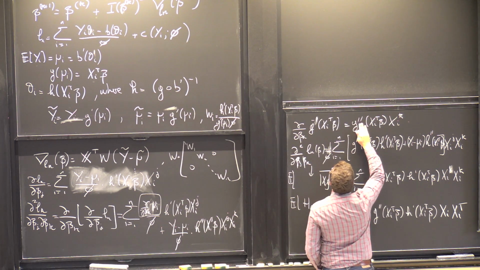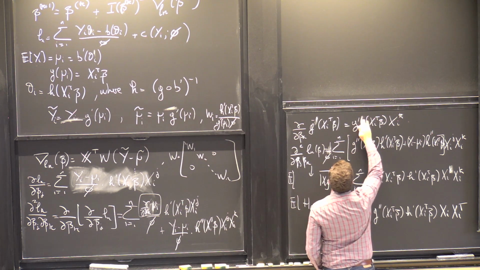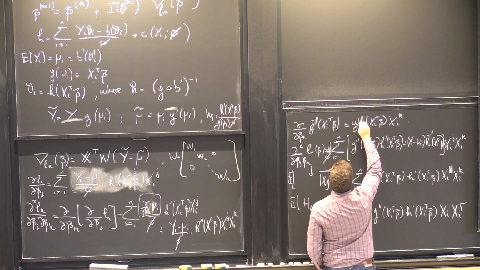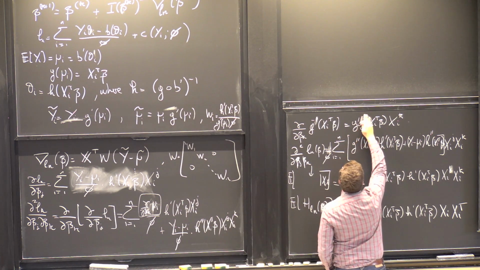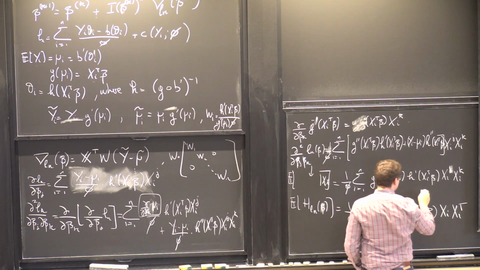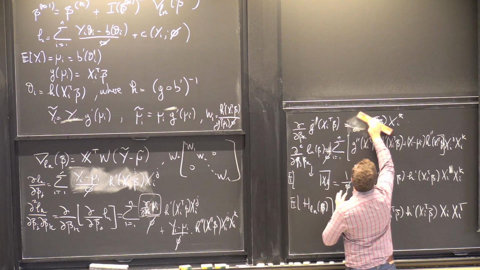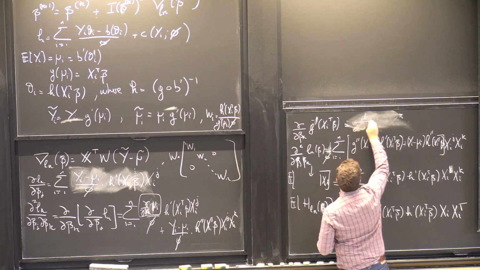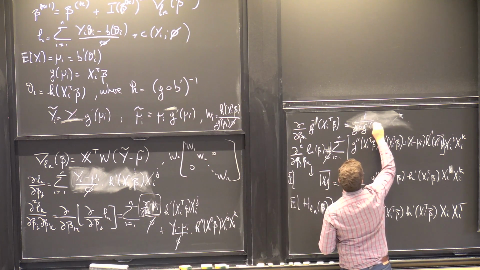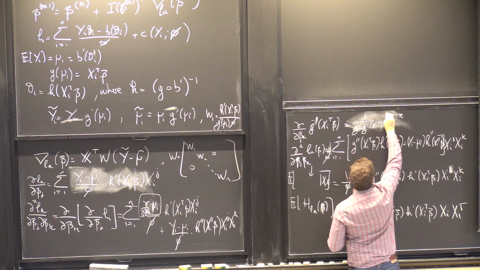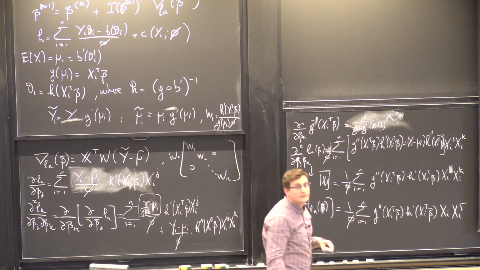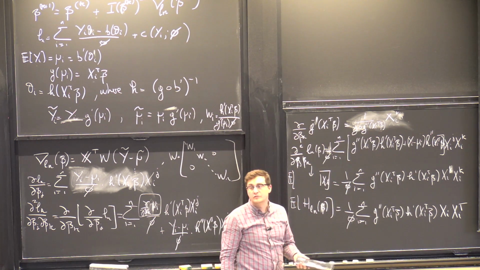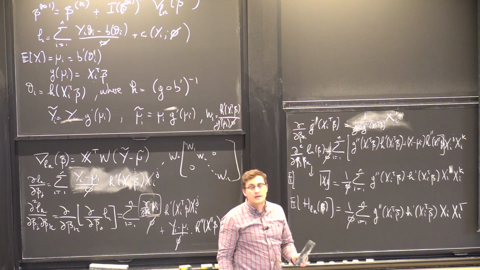It's 1 over this, right? Okay? The derivative of g inverse is 1 over g prime of g inverse.